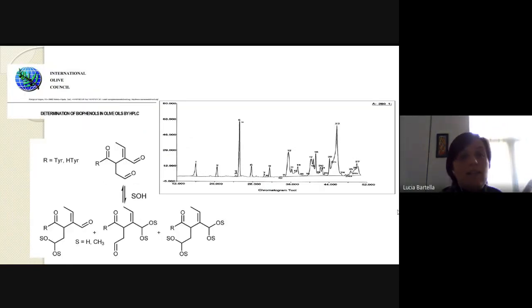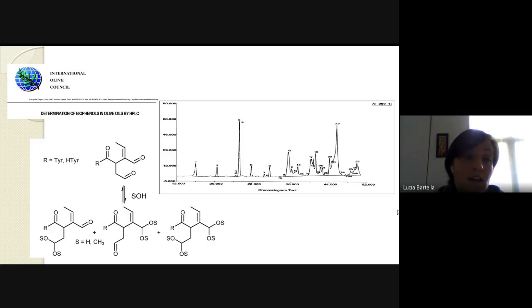The problem is that to date there is no official analytical method to quantify these compounds. The International Olive Council recommends a classical HPLC-UV analysis after an extraction procedure of the sample.